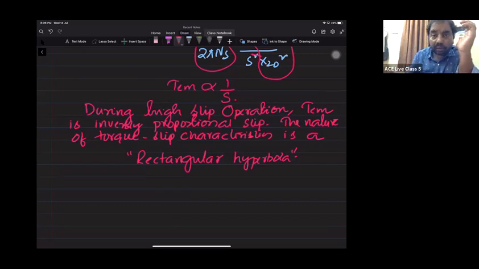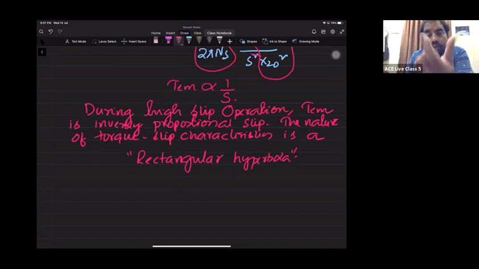The reactance part is dominating. As the reactance part is dominating, during high slip operation, the reactive power drawn from the source will increase, but the active power drawn will start decreasing. Why? Because as the relative speed is increasing, the frequency of the rotor currents is increasing. When the frequency of the rotor current is increasing, the inductive nature starts increasing.